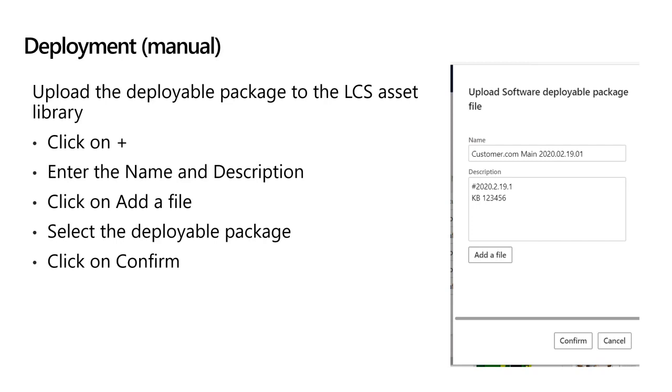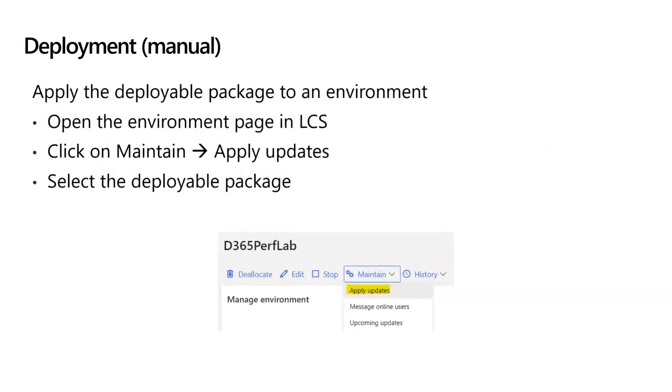And then in the description, I put the official DevOps build number, and I note that we ran this build for a KB reason. So you add all that and add the file, and you select the deployable package you downloaded in the last step, and then you confirm, and that'll put it in the asset library.